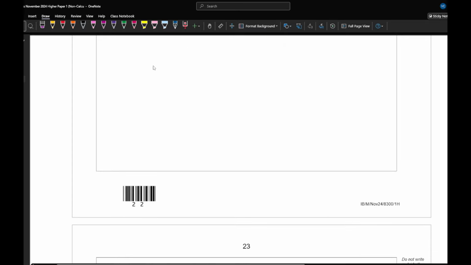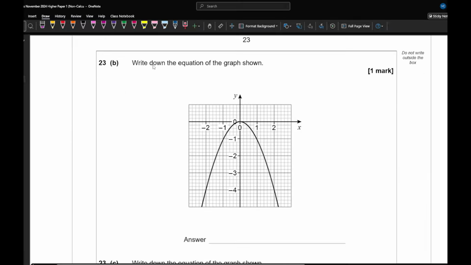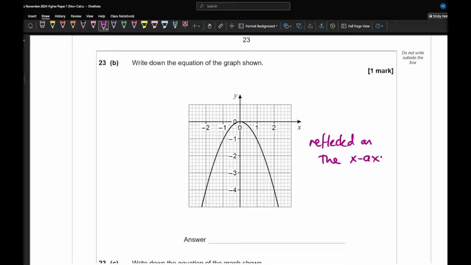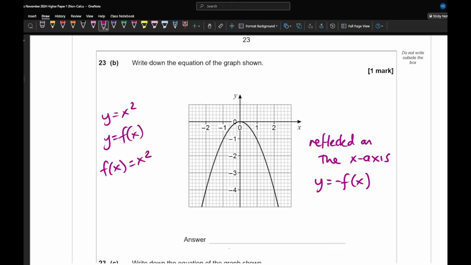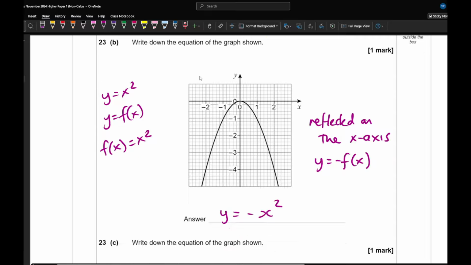Then for this next one, this has been reflected in the x-axis. So in terms of graph transformations, this is where I do minus f of x. So again, if y equals f of x and y equals x squared, then f of x equals x squared. So the equation of this line here is going to be y equals minus x squared.